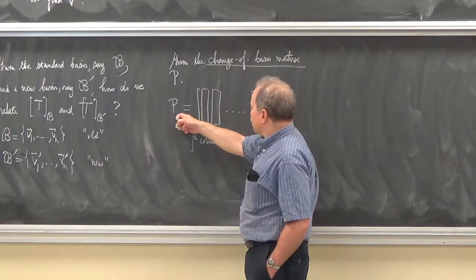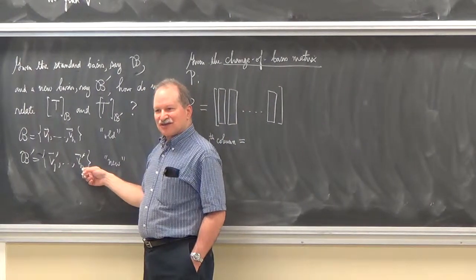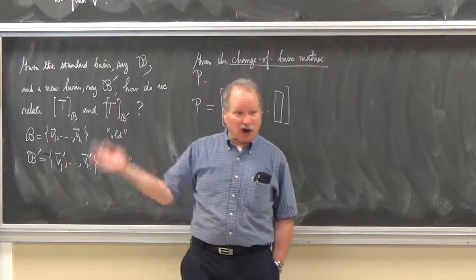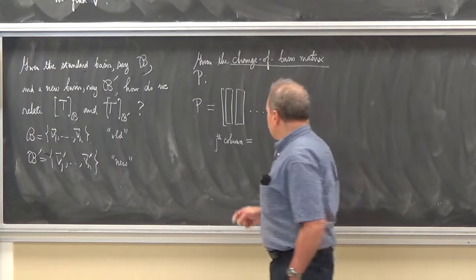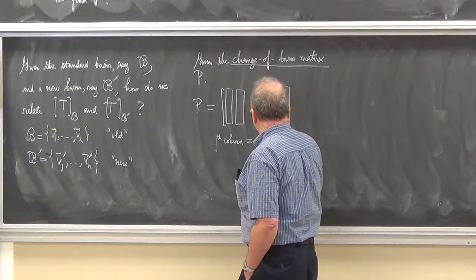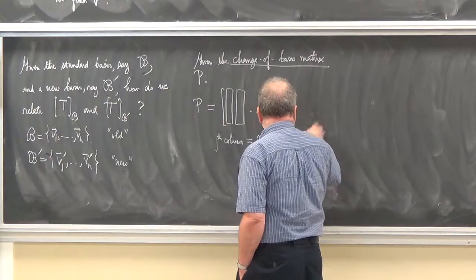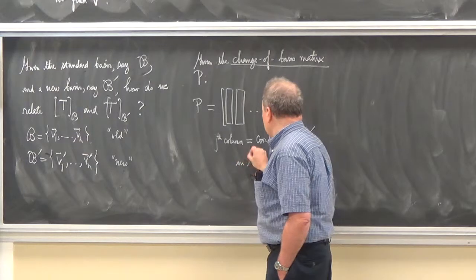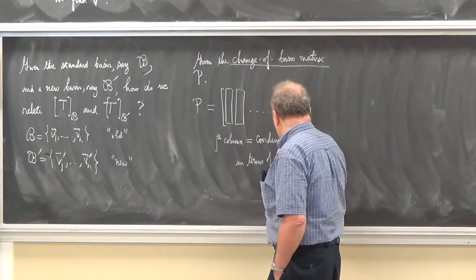What I want P to do is encode the new basis vectors in terms of the old. So it's change of basis. I'm going from old to new. So what you're going to do is say, what are the coordinates of Vj prime, the new jth basis vector, in terms of the original basis vectors?